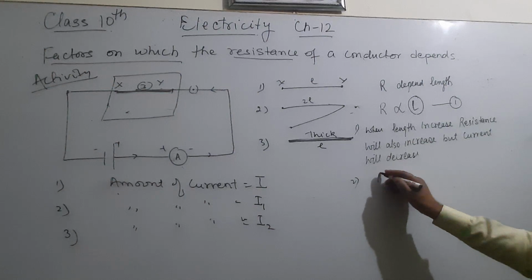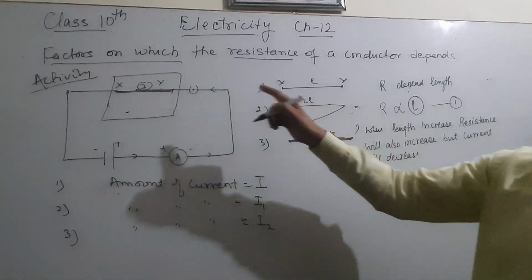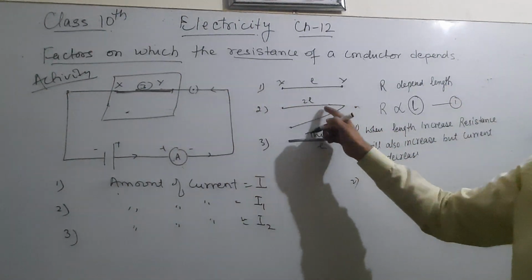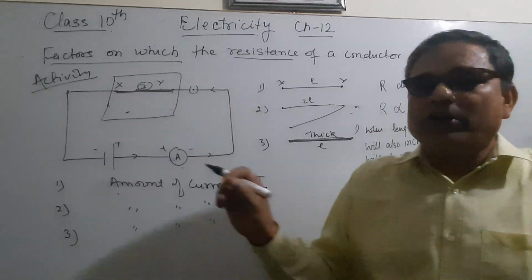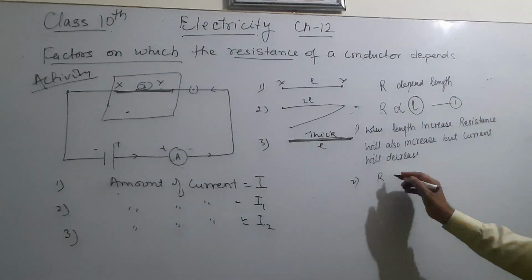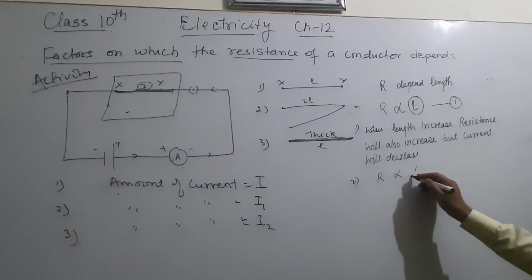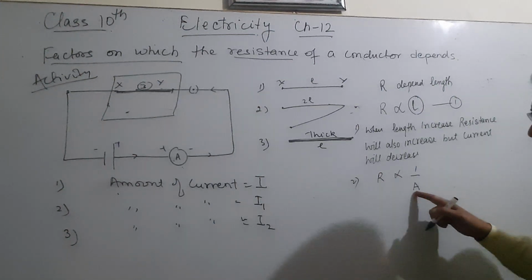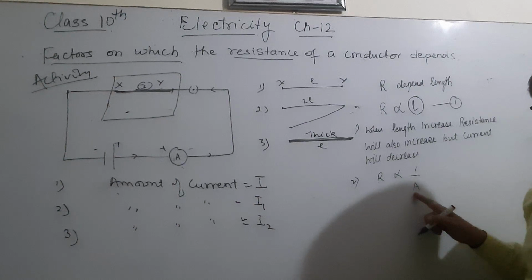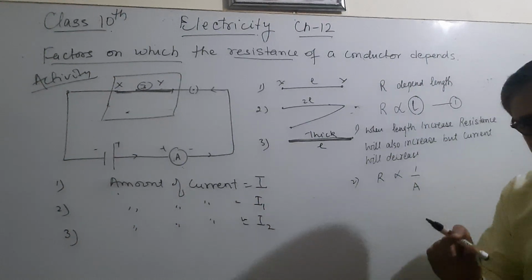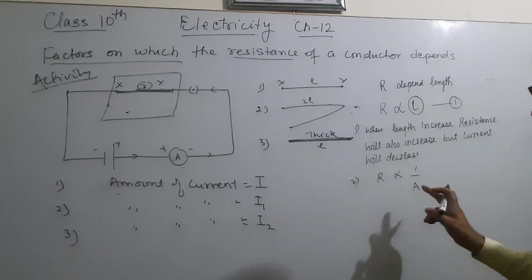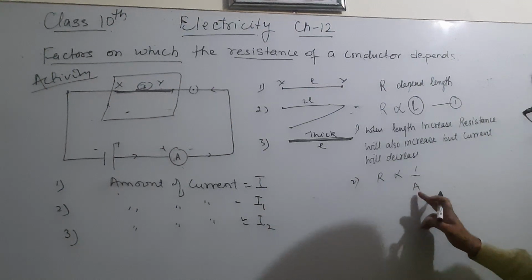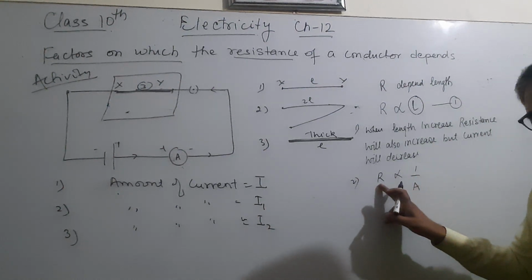Second, in the third case, we take a thick wire. Resistance is inversely proportional to area. If the wire is thick, meaning the diameter is more, then resistance will be less.